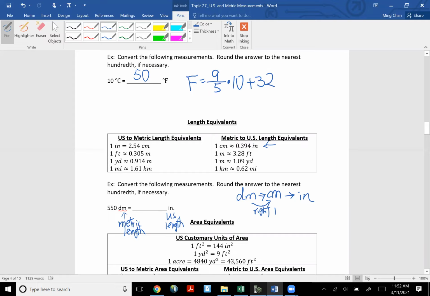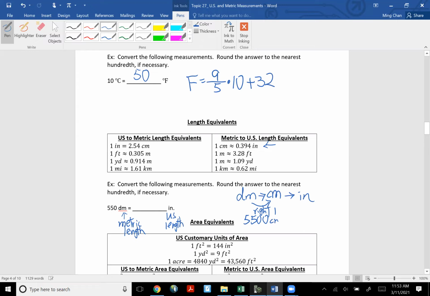Okay. So for your 550 deci, move the decimal to the right one place, then you should get 5,500 centimeters. Because going from deci to centi, you move the decimal to the right one place.